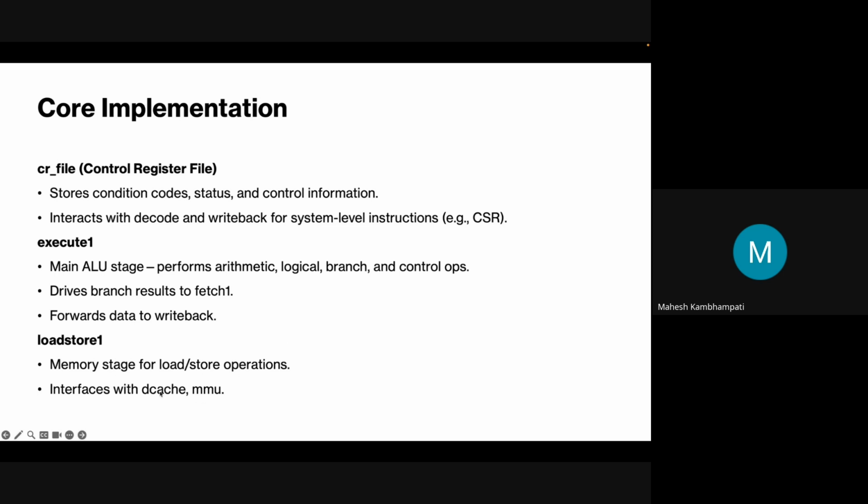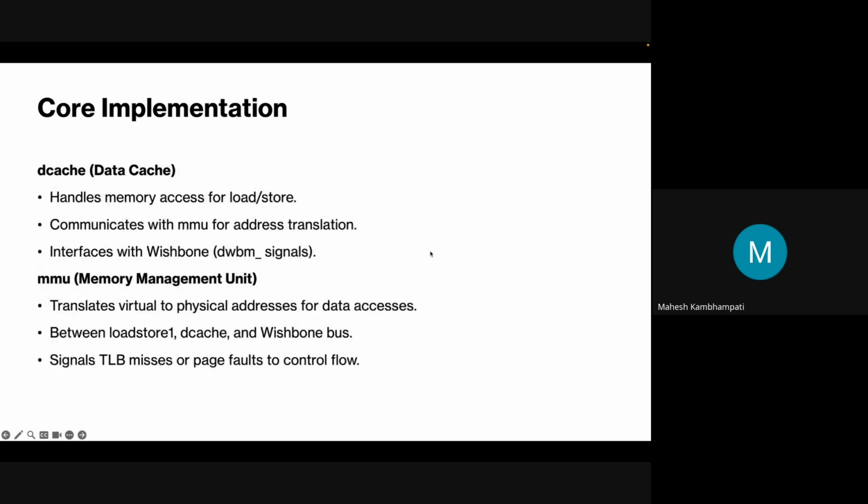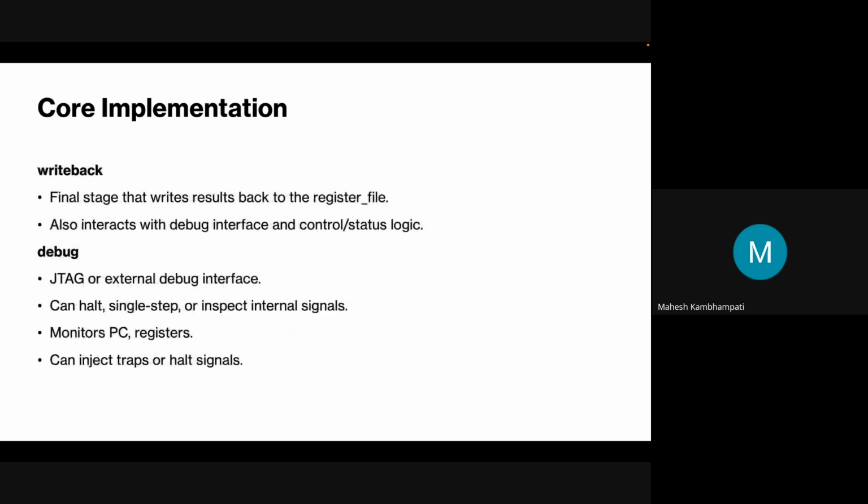It also interfaces with the Dcache and the MMU, if an MMU is present. Dcache simply holds the data, and the MMU is used for translation of addresses from virtual to physical address. It also signals the TLB misses and page faults as well.